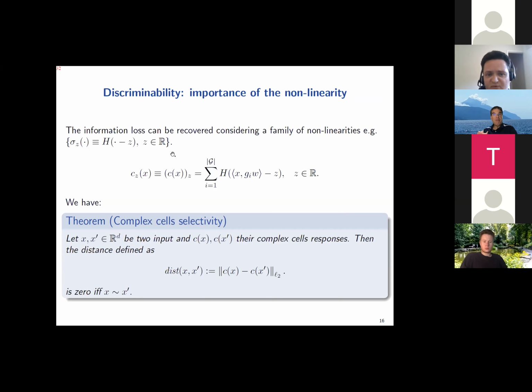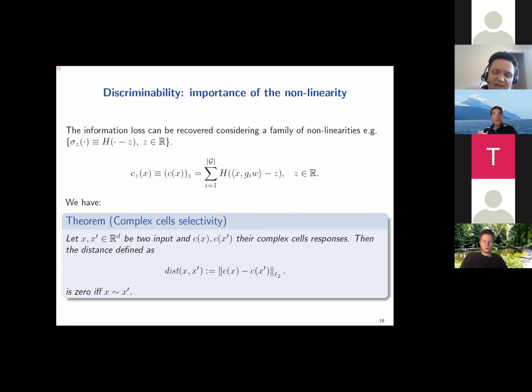So what you can prove is the following. If instead of having one complex cell, you have a bunch of them, each one different from the others by the threshold, then if you build the L2 norm distance between the neural signatures of these stimuli, you can prove that the distance is 0 if and only if the two elements belong to the same equivalence class.